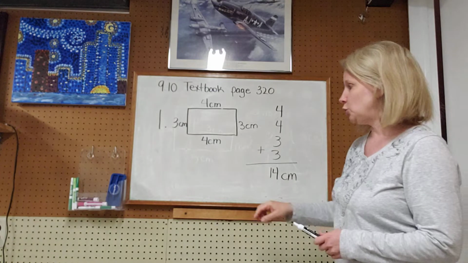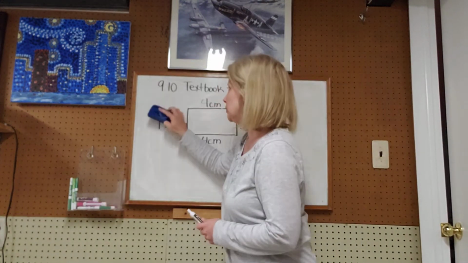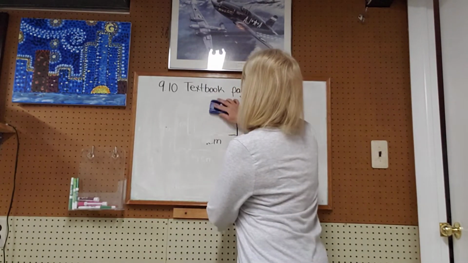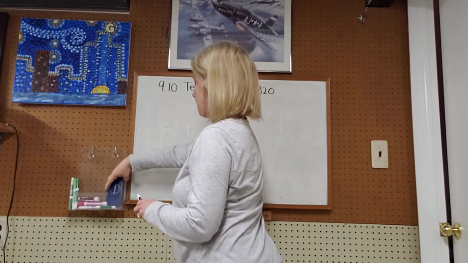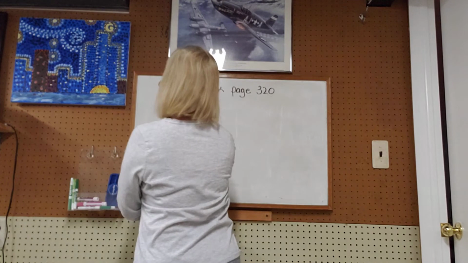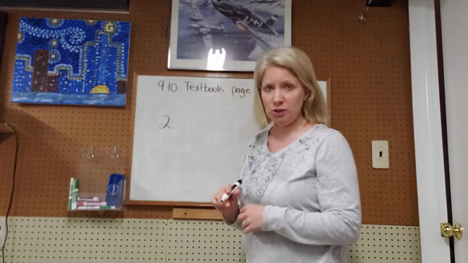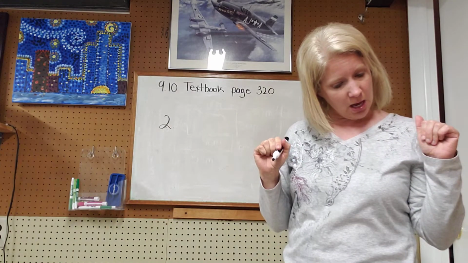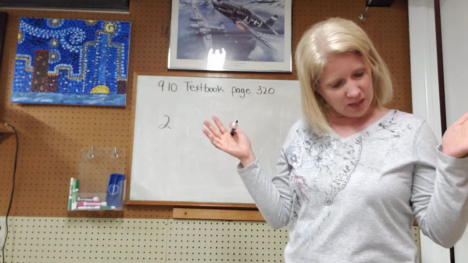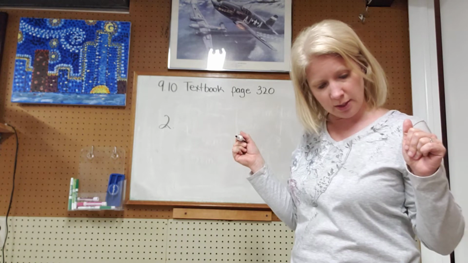Okay, let's do number 2 together. Number 2. The trickiest part is probably trying to find the measurement of it. But once you have all the measurements, sometimes it will just give it to you in your textbook. These are asking you to do the measurement. So let's look at number 2.